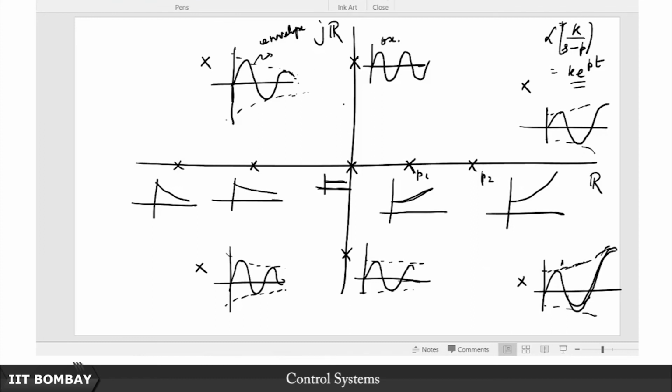The catch is that if you have repeated poles on the imaginary axis, then the story changes. So far we have seen that any pole that lies on the left of the imaginary axis leads to decaying behavior. Whether it is oscillatory decay or a pure decay depends on whether the poles are complex conjugate or real, respectively.